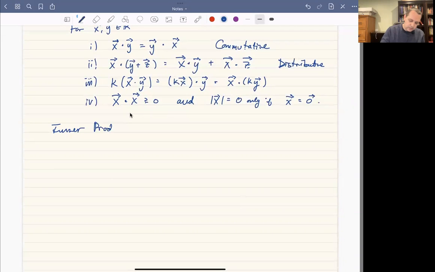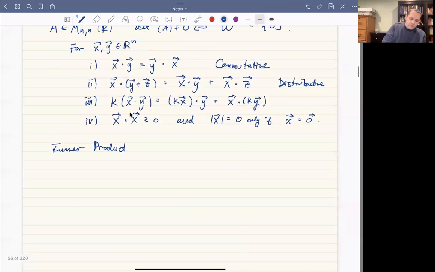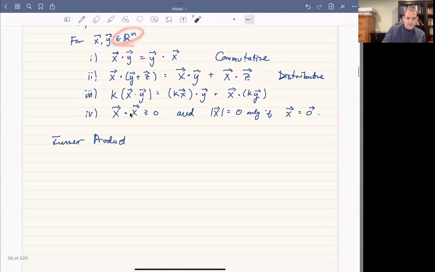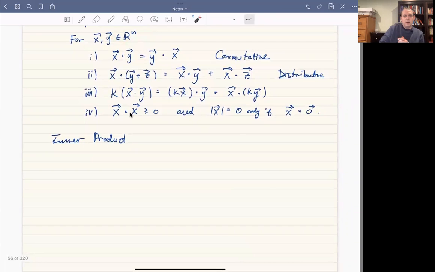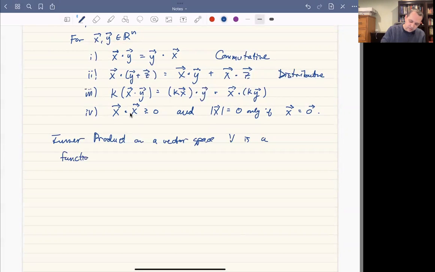So an inner product. What we're going to do is change the vector space. We're going to talk about arbitrary vector spaces, which we've done now in chapter 4. The dot product can be our canonical example, but instead of talking about the dot product, we'll talk about an inner product. So an inner product on a vector space V is a function. I'm going to write this in a strange way here, but we use these angled brackets.